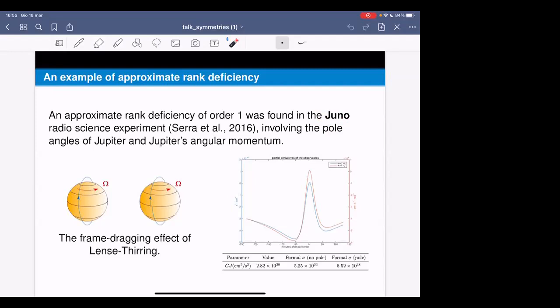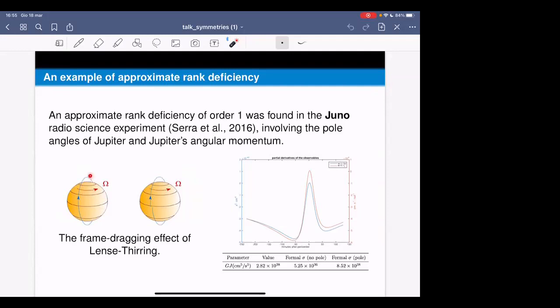These parameters are the pole angles of Jupiter and Jupiter's angular momentum. Why this? Because Jupiter's angular momentum intervenes in the Lense-Thirring effect, which is a relativistic frame dragging effect. It strongly depends on the rotation of the central body.